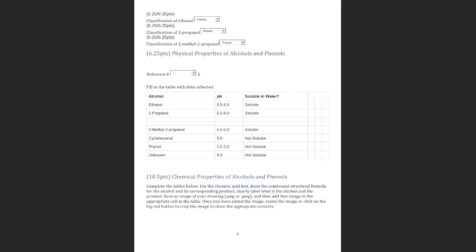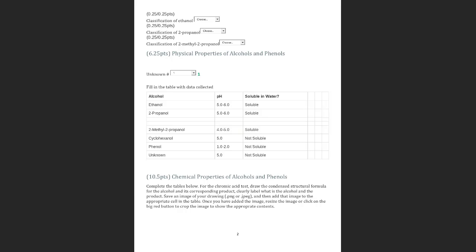Very good. The next thing that you are asked to do in the report is to classify each structure as primary, secondary, or tertiary. So we saw that.